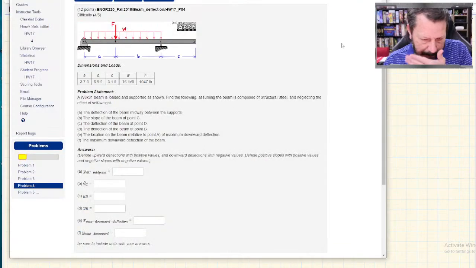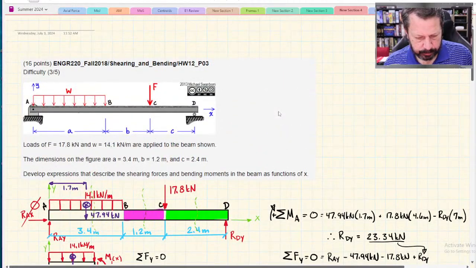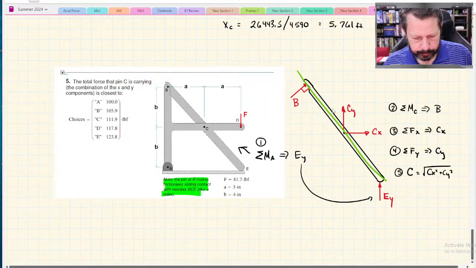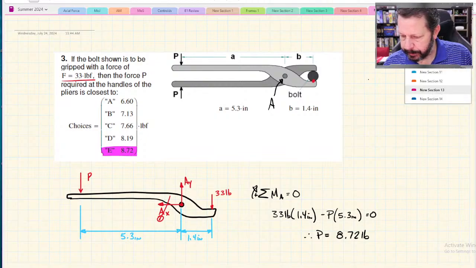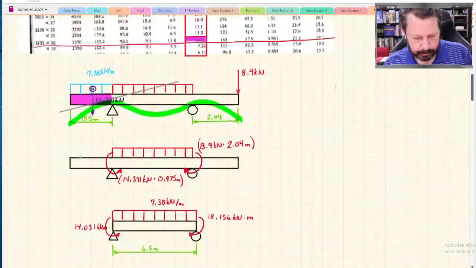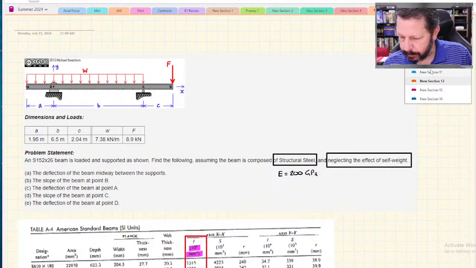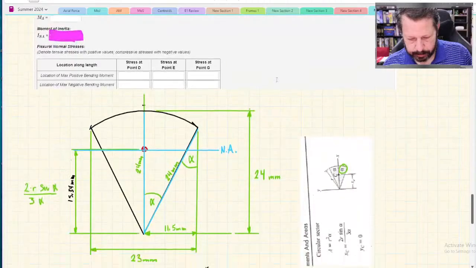Let's see. So that one has a simply supported beam with a cantilever section. Let's see if we've done that. No, not that one. No, nope. It looks familiar, but maybe we never did that one. It'd be nice if we had a start on it, but that's similar, not it. Maybe we didn't.